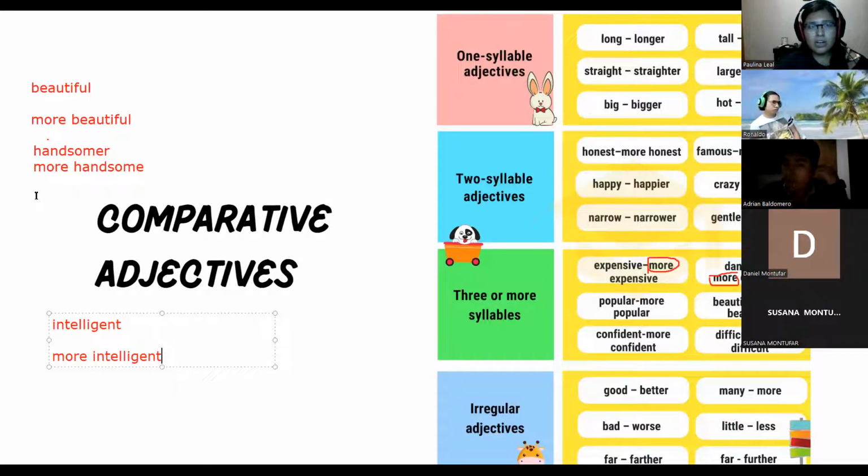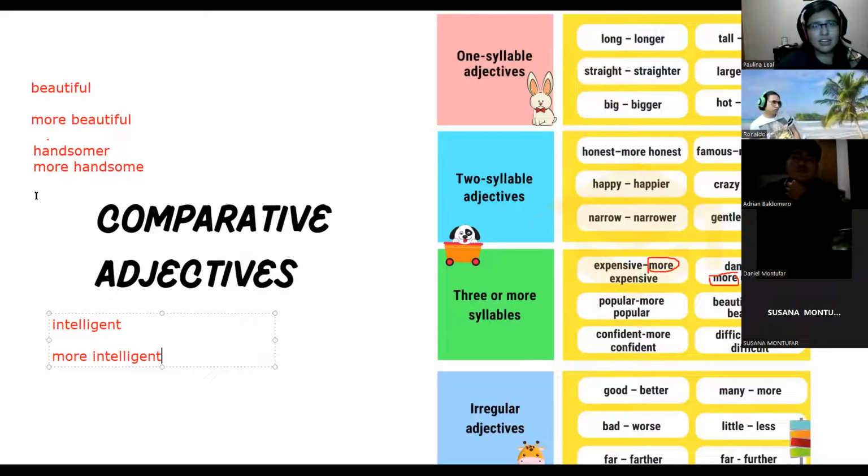Smaller, taller, bigger, better, longer, hotter, prettier, etc. If the word is very long, I'm going to add more. More expensive, more confident, more beautiful, more intelligent, more difficult, etc. Si la palabra es corta, -er. Si la palabra es larga, more.